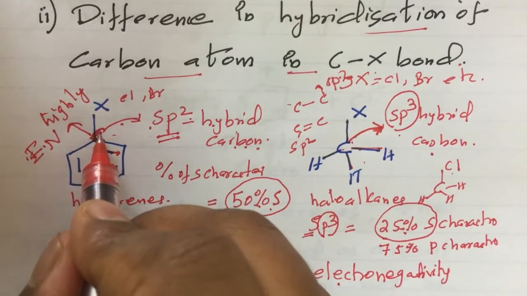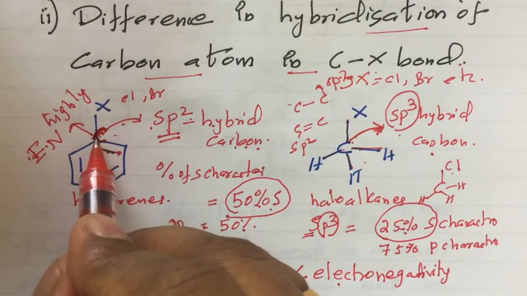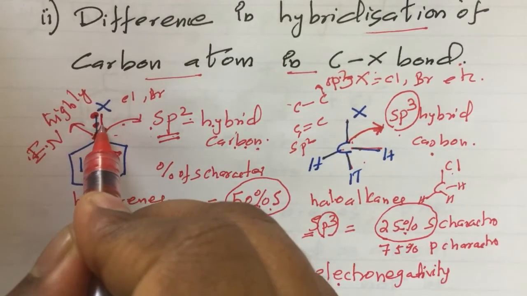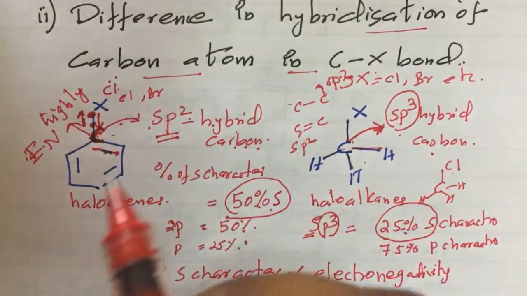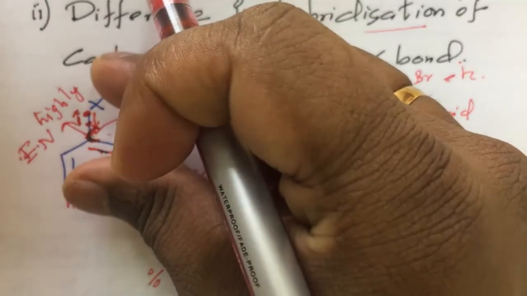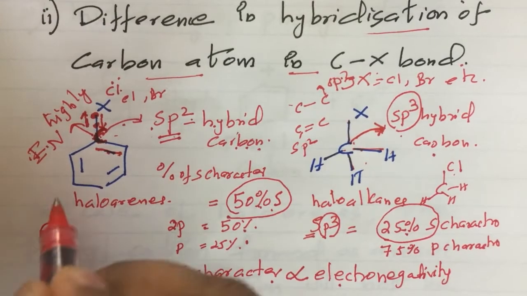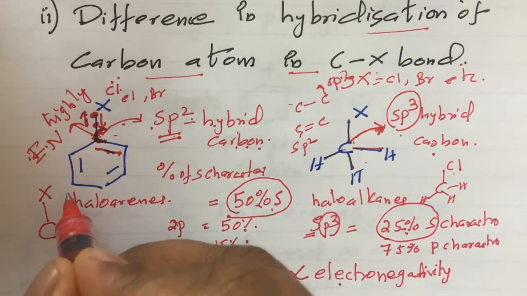Okay, then due to this high electronegativity of carbon, the shared pair of electron will attract to carbon. So due to this attraction, the final result is shortening of bond length. The C-X bond length become less.